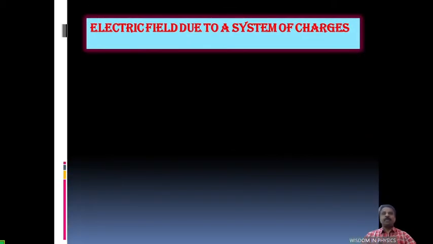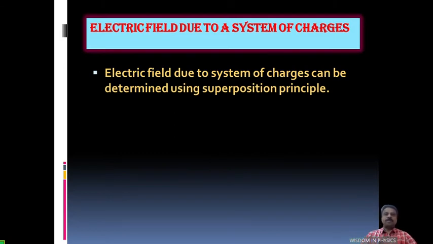Then, electric field due to a system of charges. Now we have seen it for a single point charge. When we have more charges, we have already discussed the same thing for Coulomb's force. Here we are going to discuss the electric field due to a system of charges.